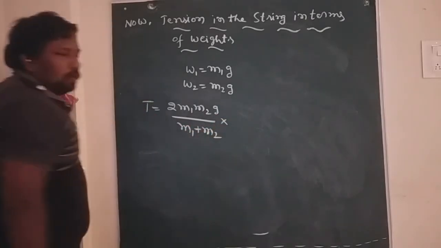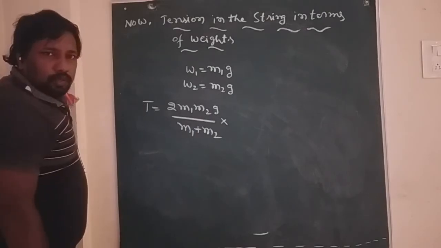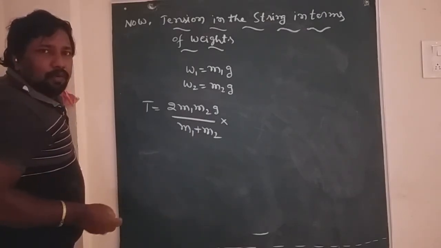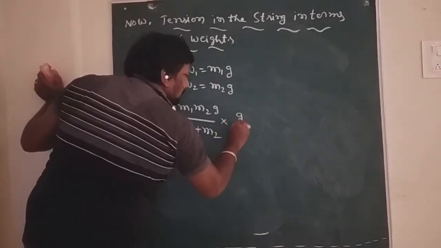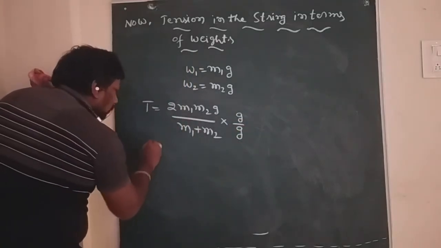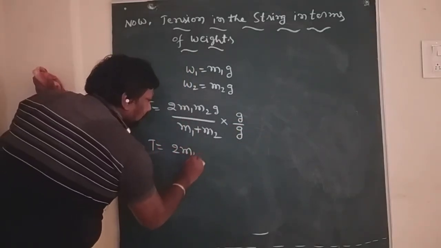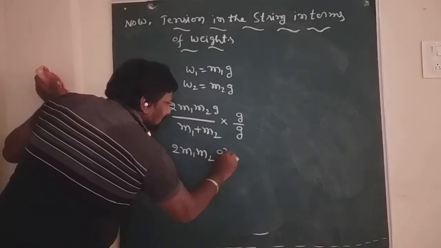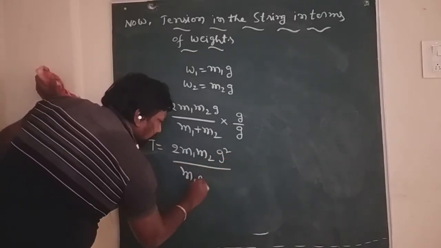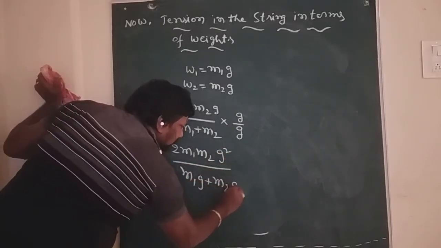Now multiplying this equation by G in numerator and denominator, T equal to 2M1M2G square by M1G plus M2G.